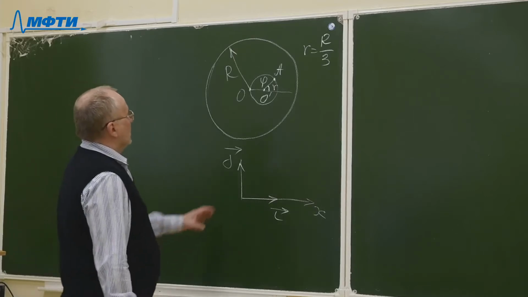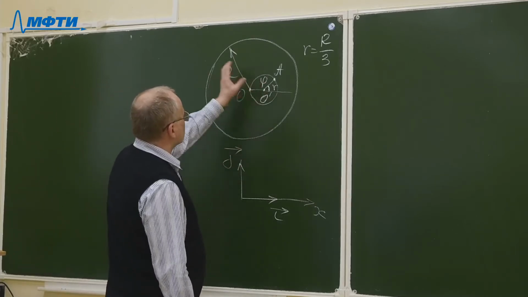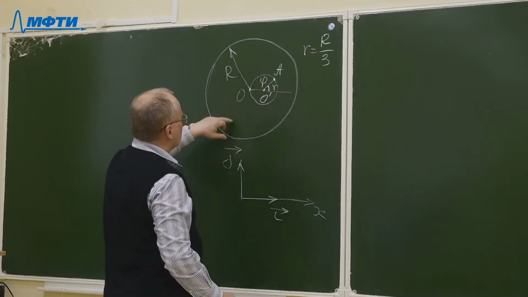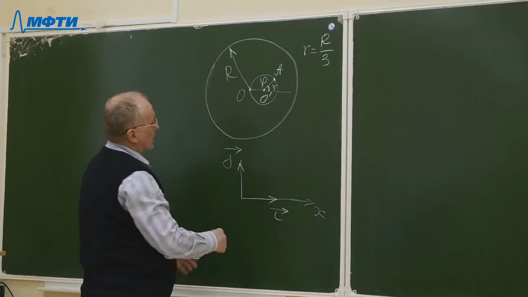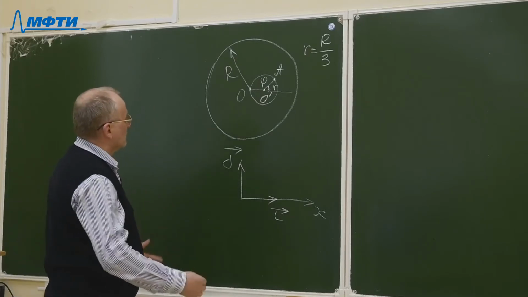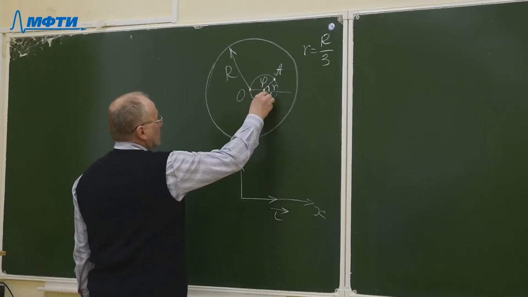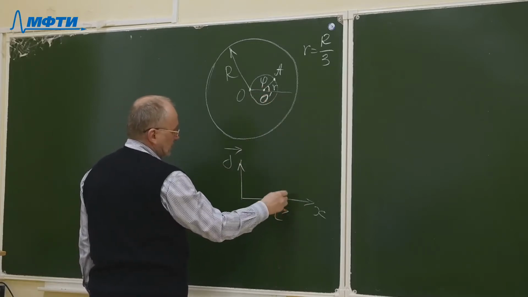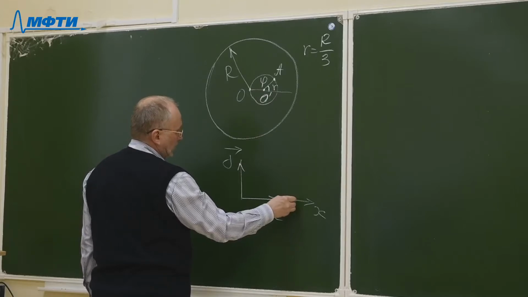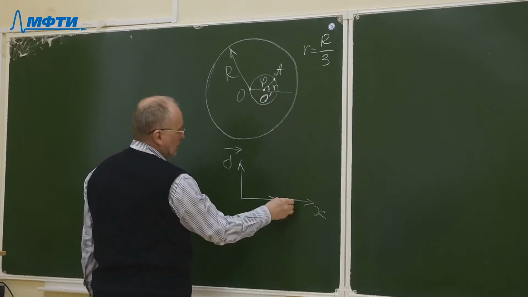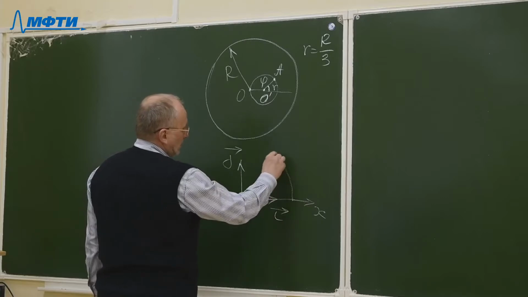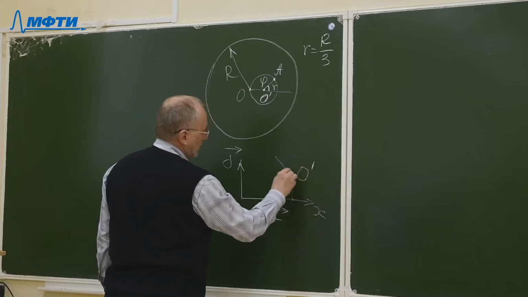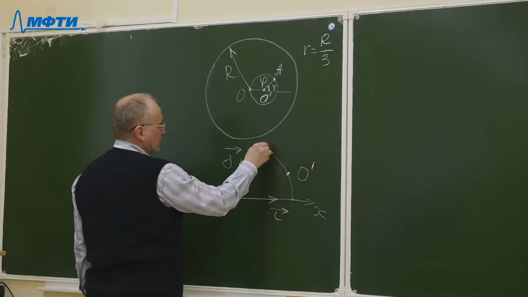Okay, if all this is moving and rotating, then point O prime will somehow move in time, and at an arbitrary moment of time, point O prime on this axis will be somewhere at an arbitrary place. We know that O prime moves along a circular trajectory, so at some point in time it will be at an arbitrary point of its trajectory.